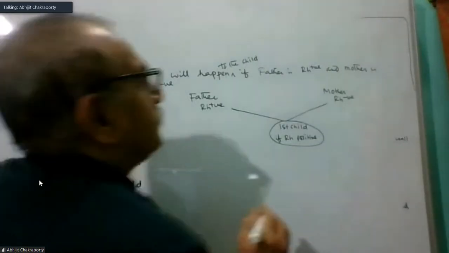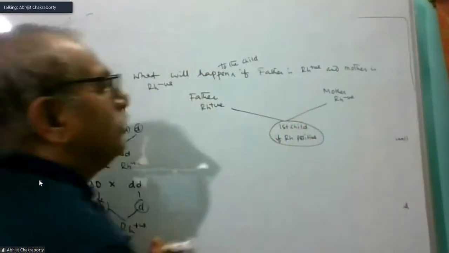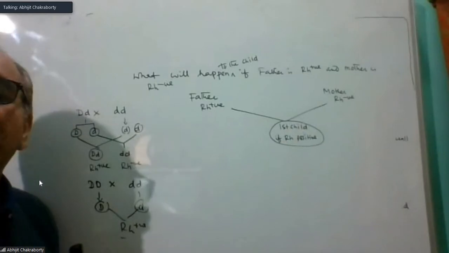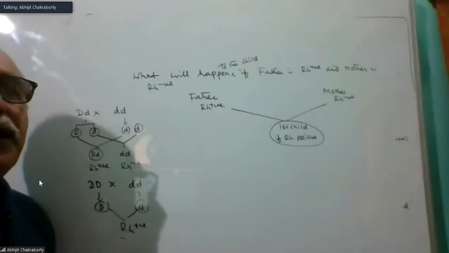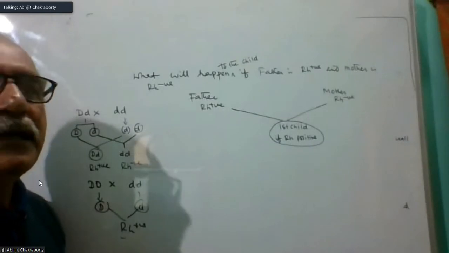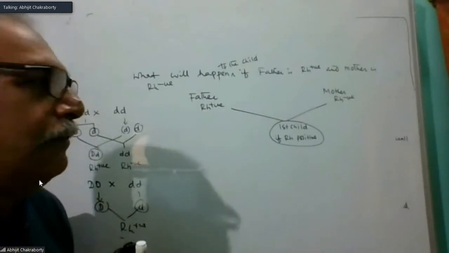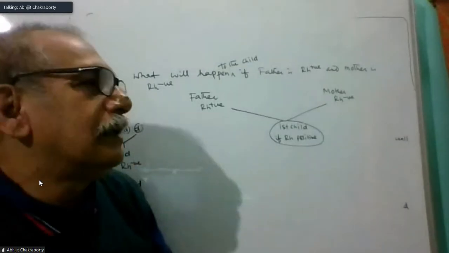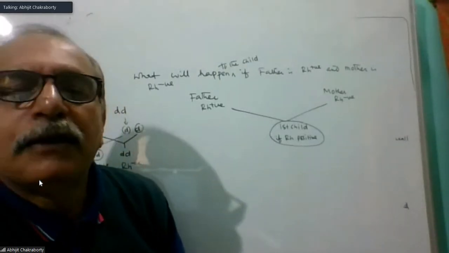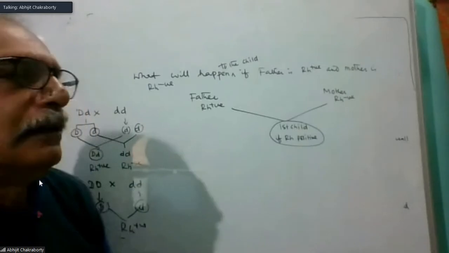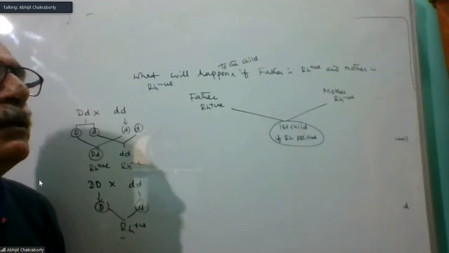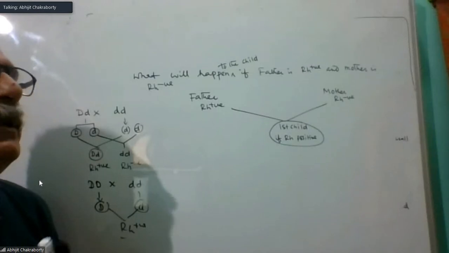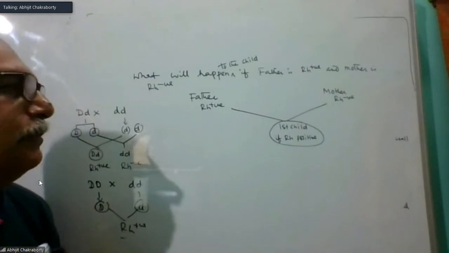Then what happens? Now you know, normally the mother's blood cannot be mixed with the fetal blood during pregnancy due to the presence of the placental barrier. Listen carefully. Due to the placental barrier, the mother's blood cannot be mixed with the fetal blood. First point.